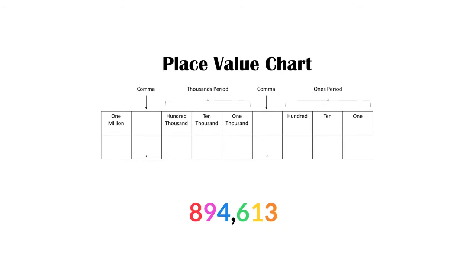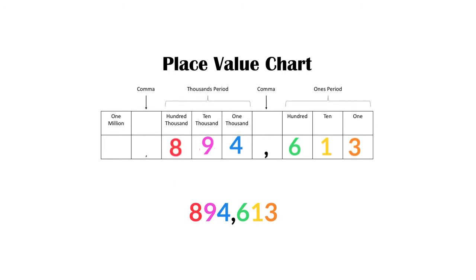To write our number in the place value chart, we're going to write the 3 in the ones, the 1 in the tens, the 6 in the hundreds. Don't forget the comma. We write the 4 in the 1,000s, the 9 in the 10,000s, and last the 8 in the 100,000s.